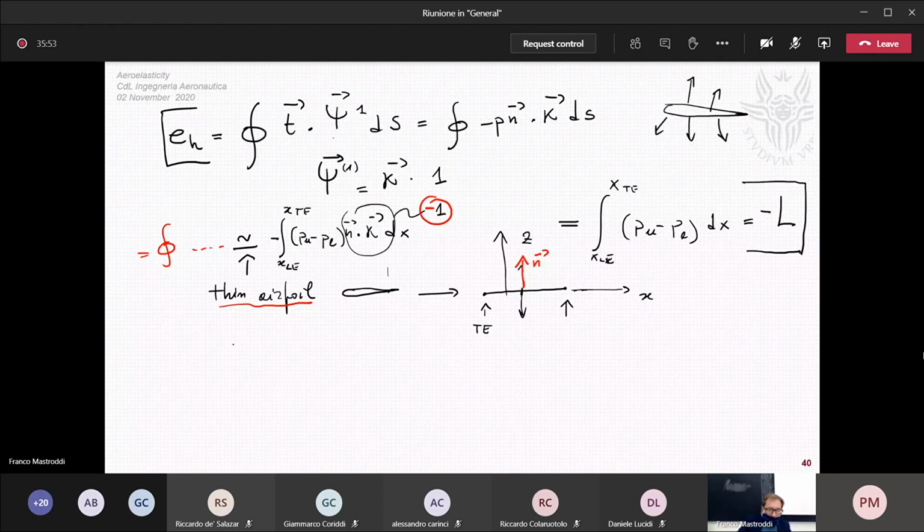And finally, we can also obtain as a second generalized force H alpha. And what about this H alpha? By definition, H alpha is the projection of the physical pressure distribution vector T by the mode shape.